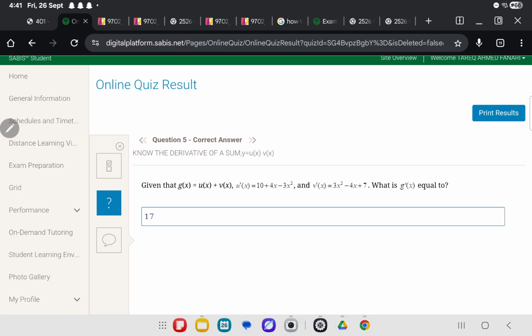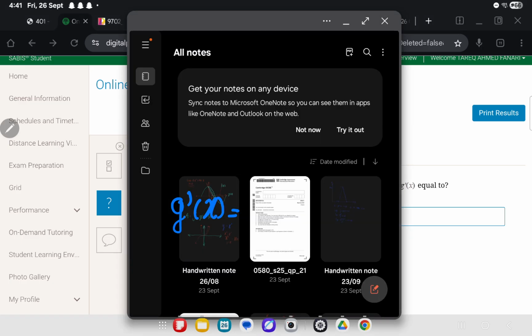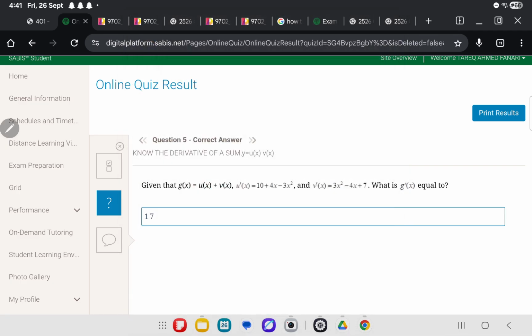The way we do this is actually very easy. g prime of x is equal to u prime of x plus v prime of x.